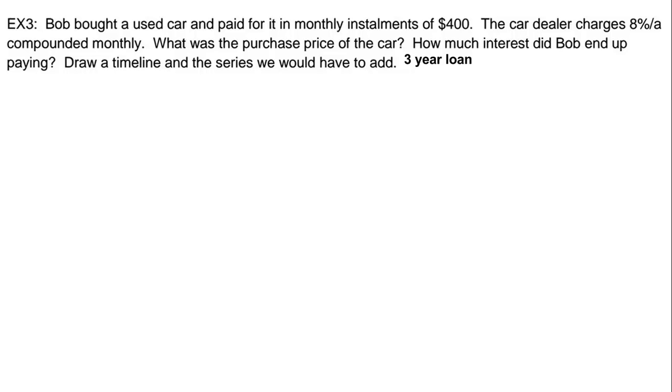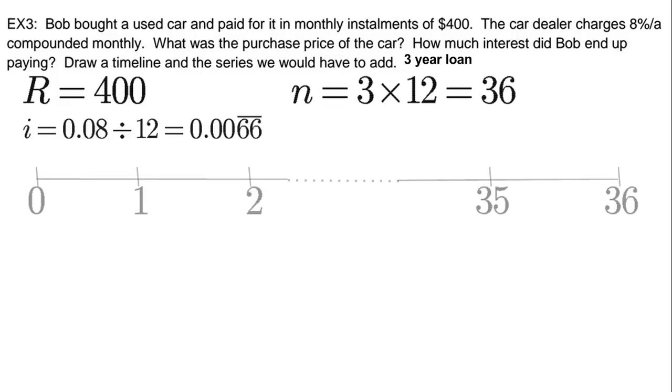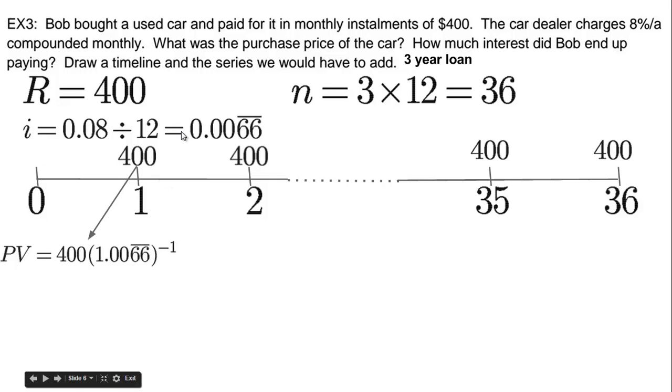person. Okay, so the regular payment's $400. The interest rate is 8% divided by 12, and we do it for 36 months. We draw out the timeline. $400 at the top. Each one of them is going back to the beginning, and so to bring it back to the beginning, we can show the work for this, but it's dividing by the interest rate.